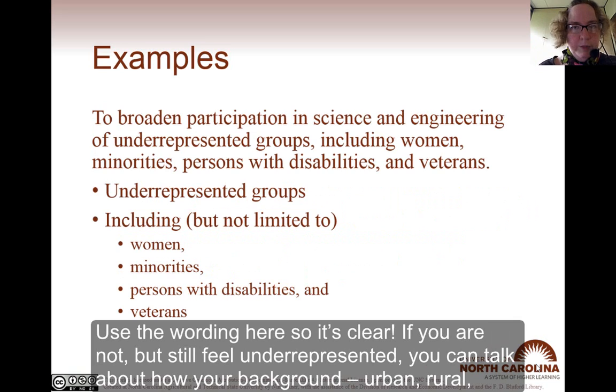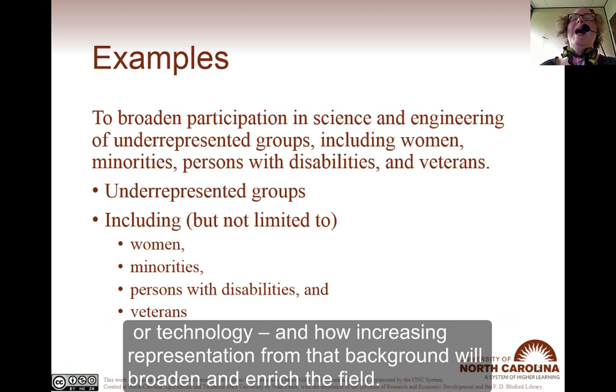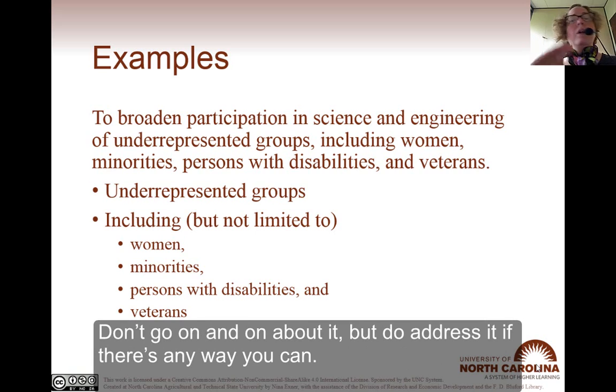But if you're not, but still feel underrepresented in science or technology, you can talk about how your background may be urban or rural, socioeconomic status, your educational background, or whatever you feel is underrepresented about you in science or technology, and how increasing representation from that background will broaden and enrich the field. You don't have to go on and on about it, but do address it if there's any way you can.